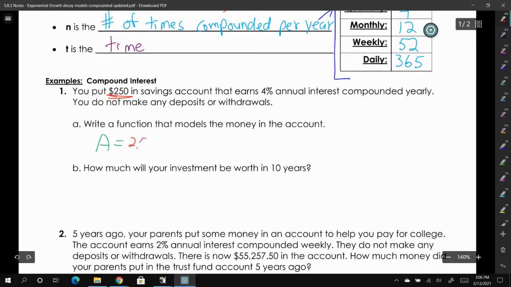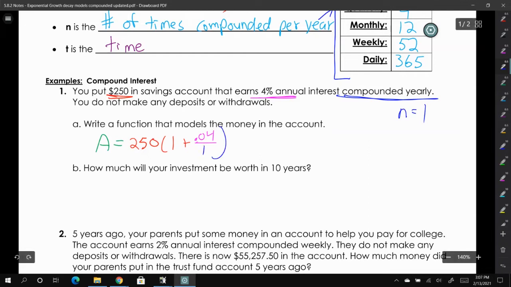So that's my P. That's my starting value. So 250 times 1 plus our interest rate is 4%. 4% is 0.04. So 0.04 divided by our N value. Well, because we are compounded yearly, N equals 1.